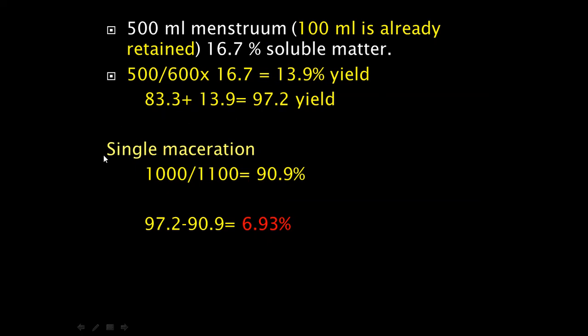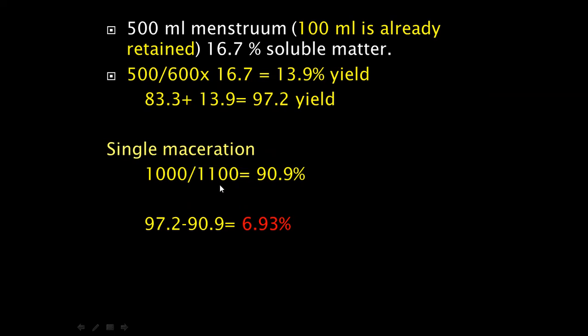Whereas the same process in single maceration: my total volume of menstruum is 1100 ml. I take 1100 ml and after a period of 24 hours or 48 hours or 7 days, I go for collecting the marc. Assuming 100% solubility of the active constituent, I will get back 1000 ml of extract.